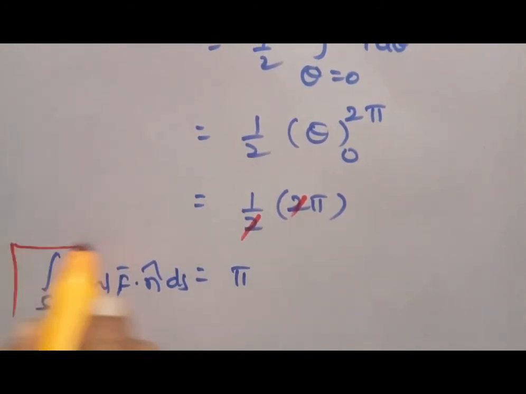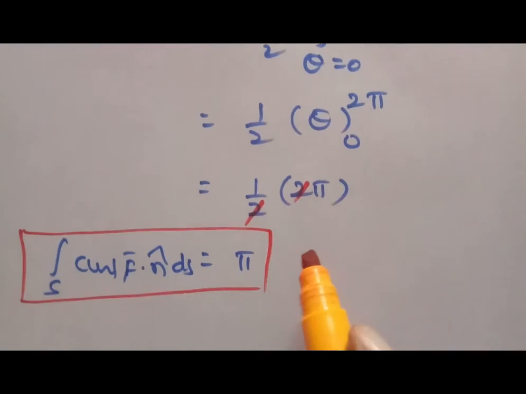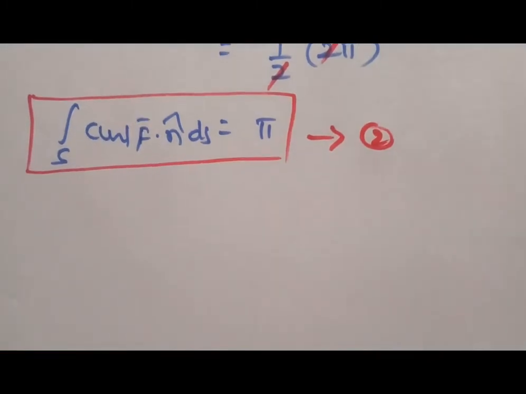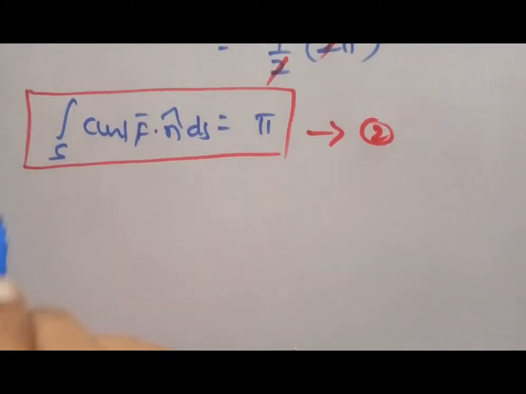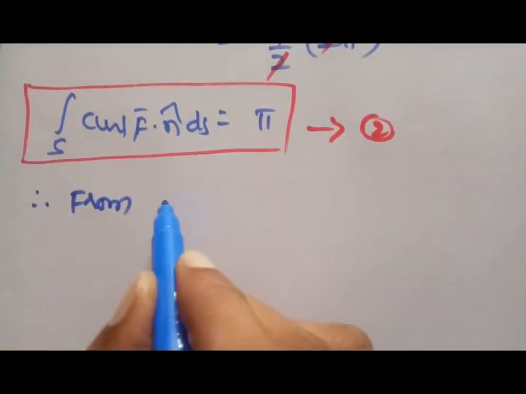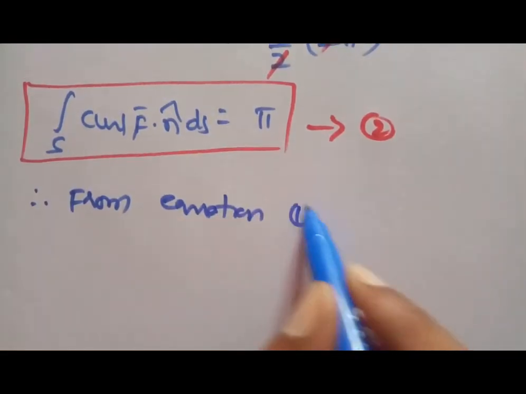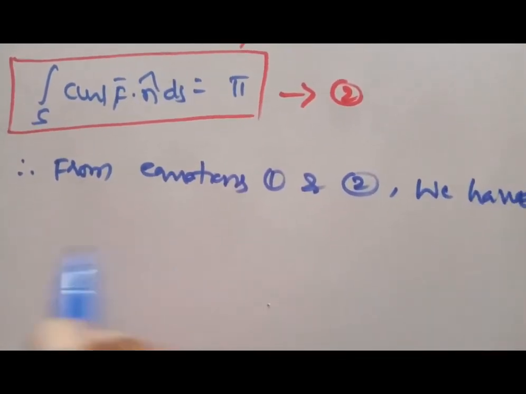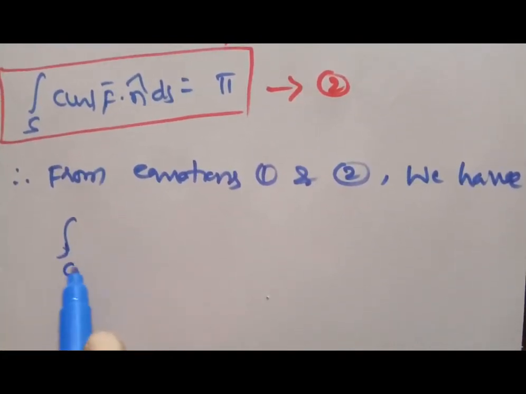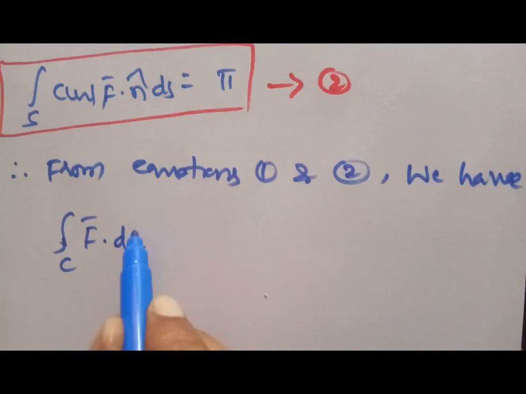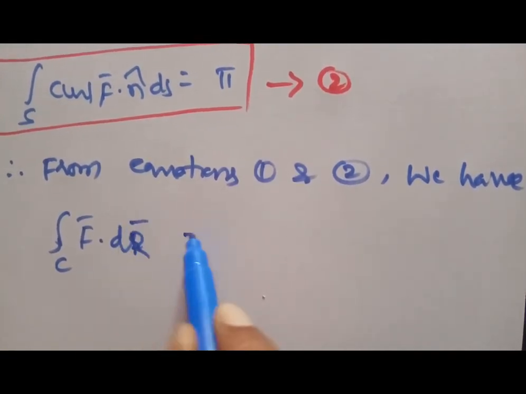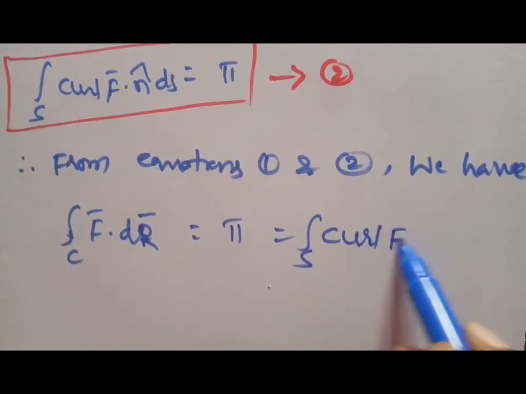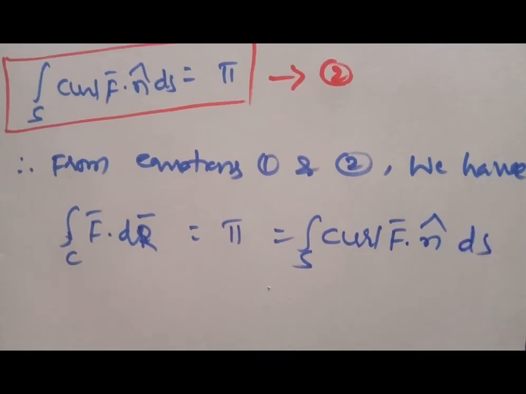You can write this either by using the area of the circle formula or by this method. Therefore from equations 1 and 2 we have the integral over C of F bar dot dr bar is equal to pi, which is equal to the integral over S of curl F bar dot n cap ds.